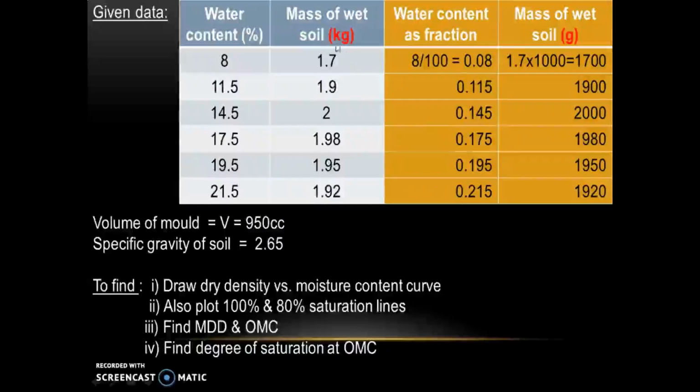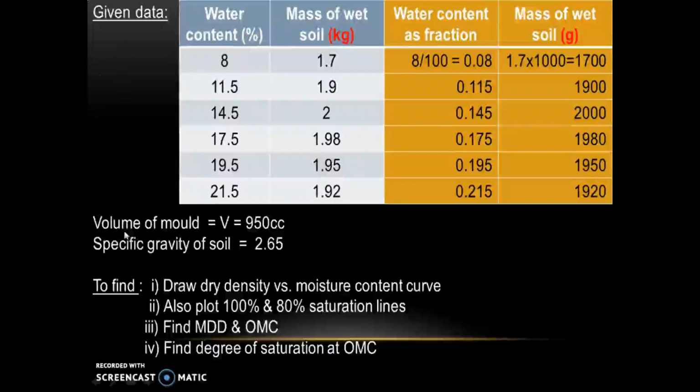And we will convert the mass of wet soil, which is given in kg, into grams, that is 1 kg is equal to 1000 grams. So 1.7 into 1000 will give us 1700, and similarly we will get the rest of the values. Volume of the mold is written as 950 cc, which is given, and also the specific gravity of the soil is given in the problem, which is equal to 2.65.